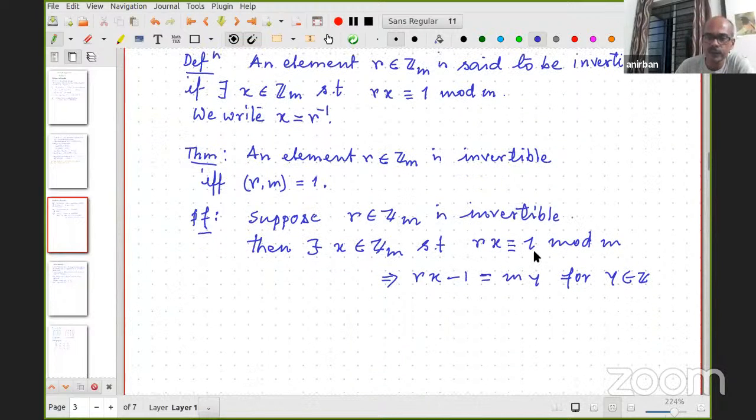So rx and 1 are congruent modulo m. That means that the difference is divisible by m, so the difference is a multiple of m. This implies that r and m have to have GCD 1.